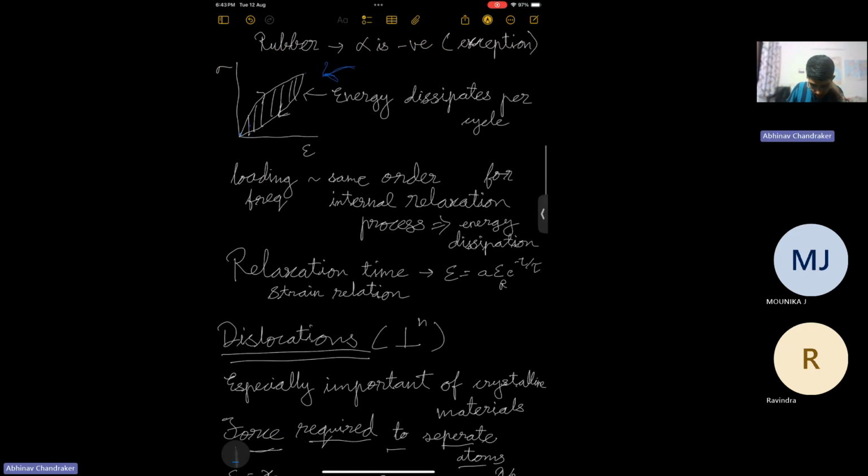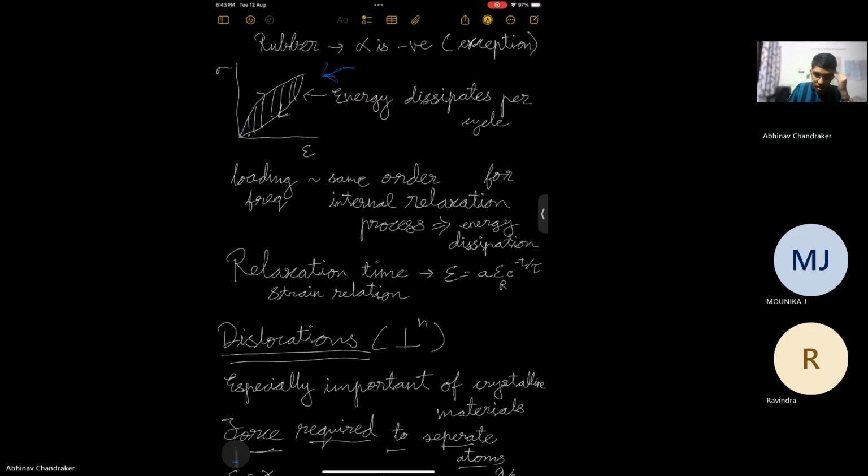Also, another thing: sometimes damping is useful, lots of times you want to have damping. So if you want more damping, you can tune the loading frequency such that your material will show the highest lag between stress and strain.